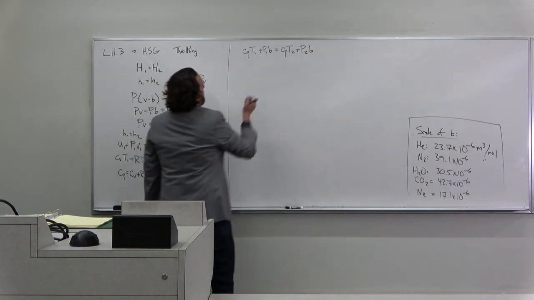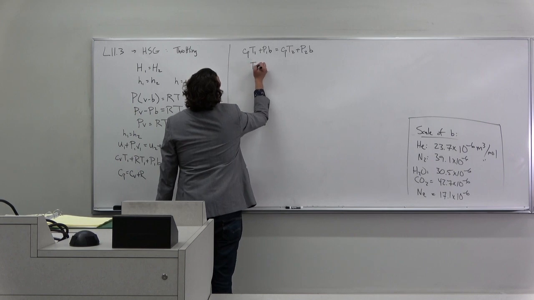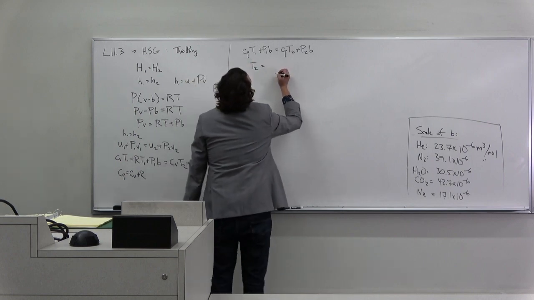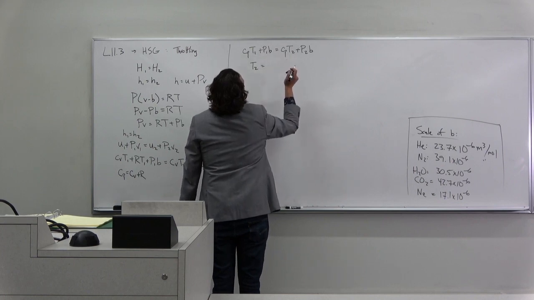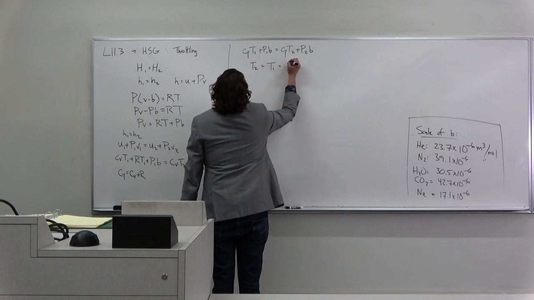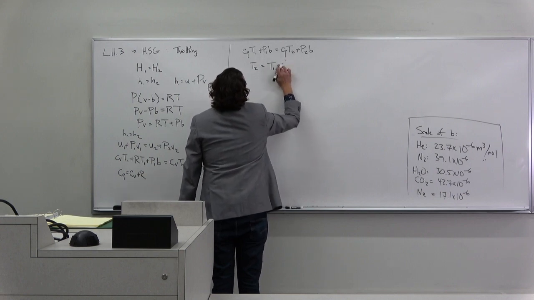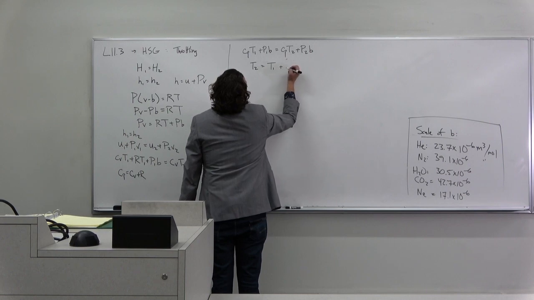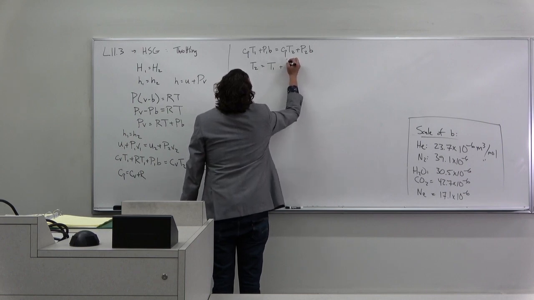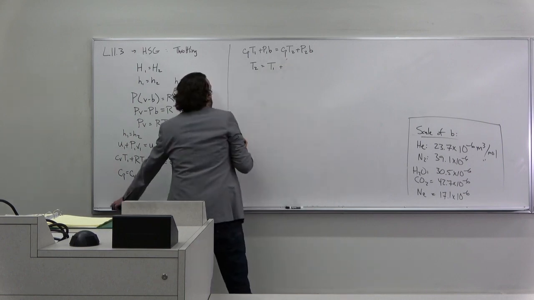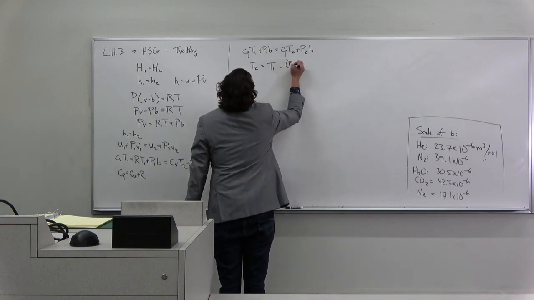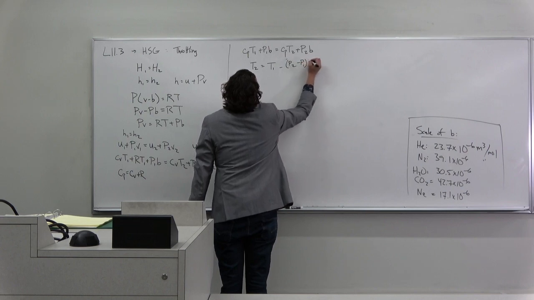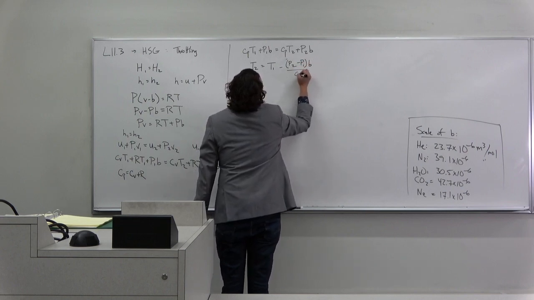So now let's get T2: we're going to move this to this side and divide by CP. So we're going to get T2 equals T1 plus, I think it should be a minus sign, minus P2 minus P1 B over CP.